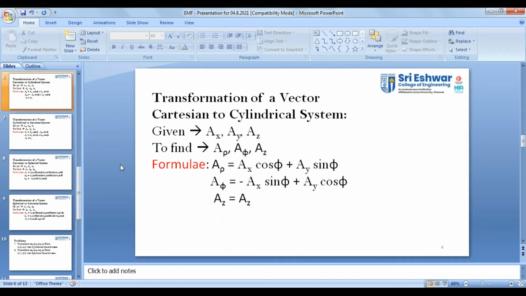A phi is equal to minus Ax sin phi plus Ay cos phi. Az is equal to Az itself. Kindly make a note of these formulas from the PPT. I will tell you in matrix form how we can do it very easily.